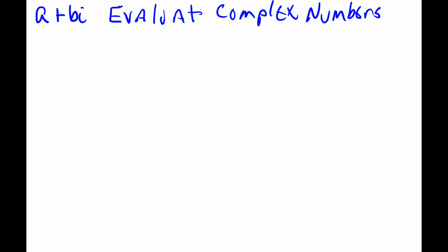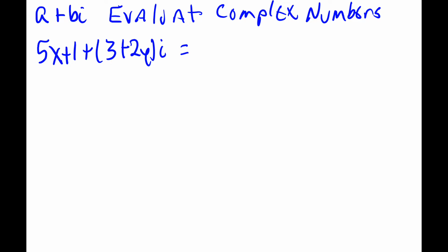Here we've got 5x plus 1, plus, in parentheses, 3 plus 2y, times i, and that's being set equal to 2x minus 2, plus, in parentheses, y minus 6, times i.